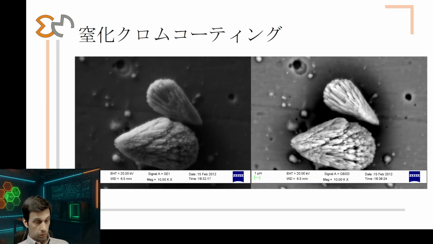Another example is this one. These particles that look very beautiful are actually defects on a coating. These are crystals that are grown during a deposition process. On the left, the image looks like a light microscope image, a photograph. And you can see that the light seems to have a direction.